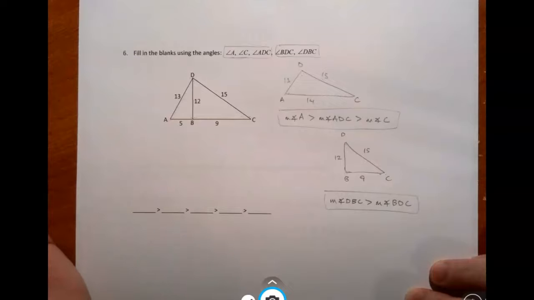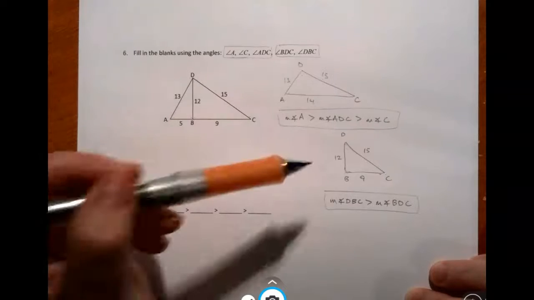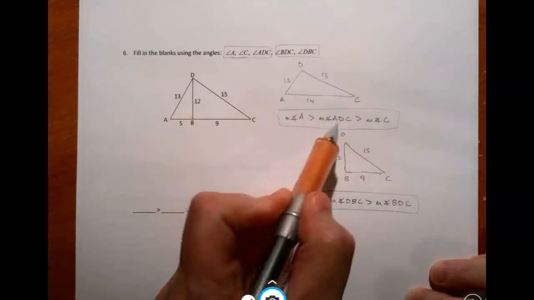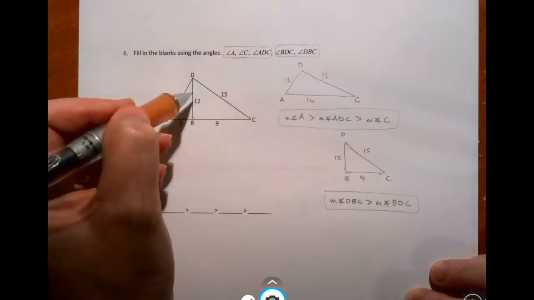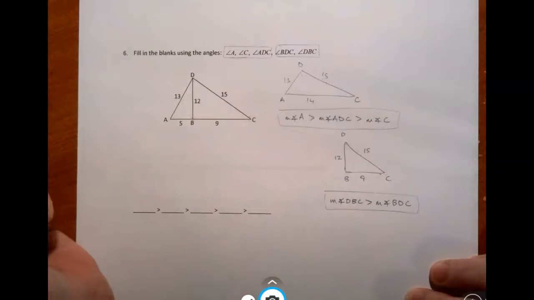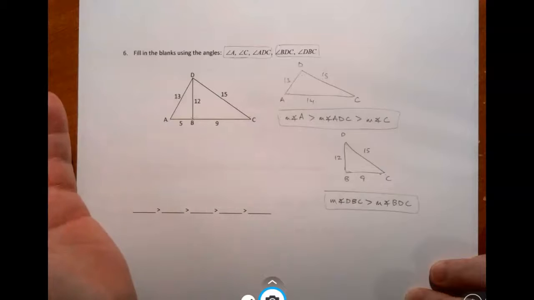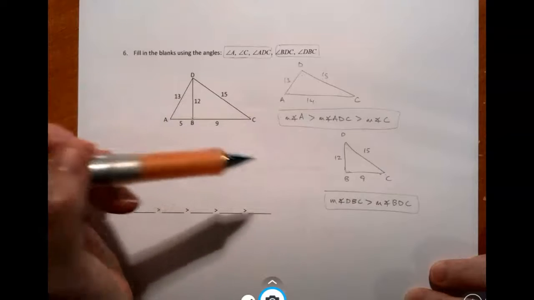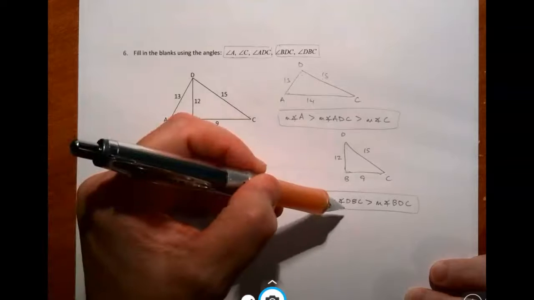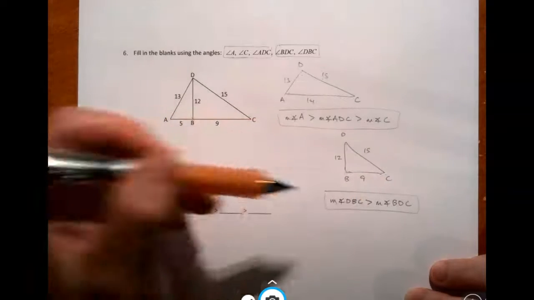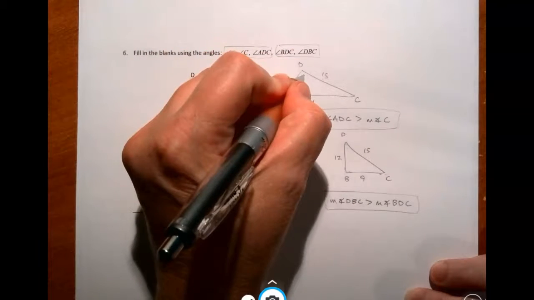Another strategy that I will sometimes use when I'm trying to do something like this is instead of calling them angle ADC and angle DBC and whatnot, you could number them if you want. Sometimes that gets a little confusing when you're doing inequalities or equations because then you've got numbers in here that may not necessarily match. So for example, you might have something like angle 1 is greater than angle 2. So sometimes I'll just label them with symbols.